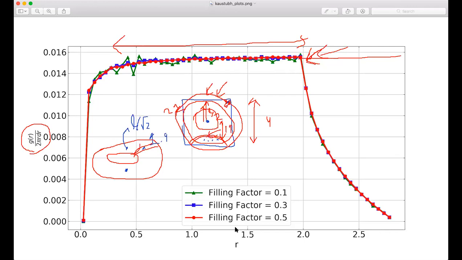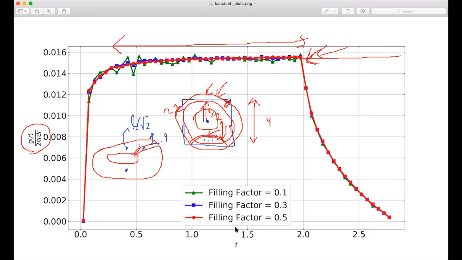It usually goes as a straight line, because g(r) by 2 pi r dr is a constant after some initial values. g(r) itself would also become a constant after some initial value. In fact, it would go to 1. If you just plotted g(r), it should go to 1 as your distance r increases.